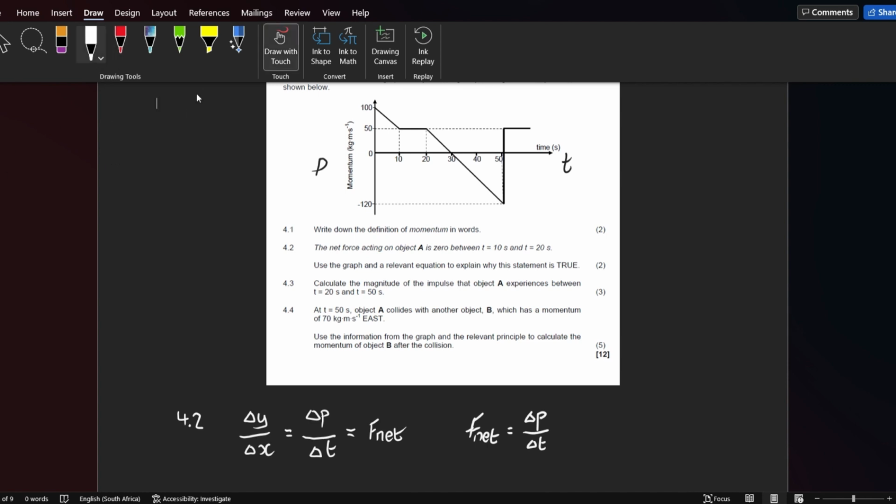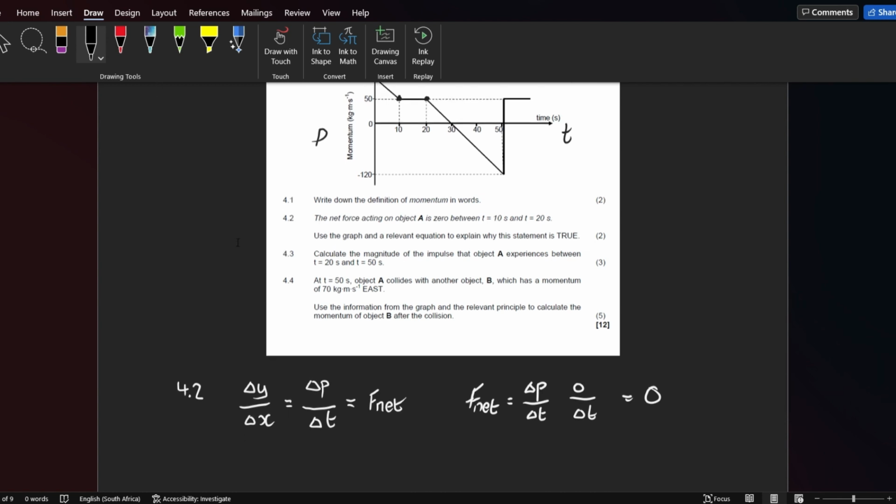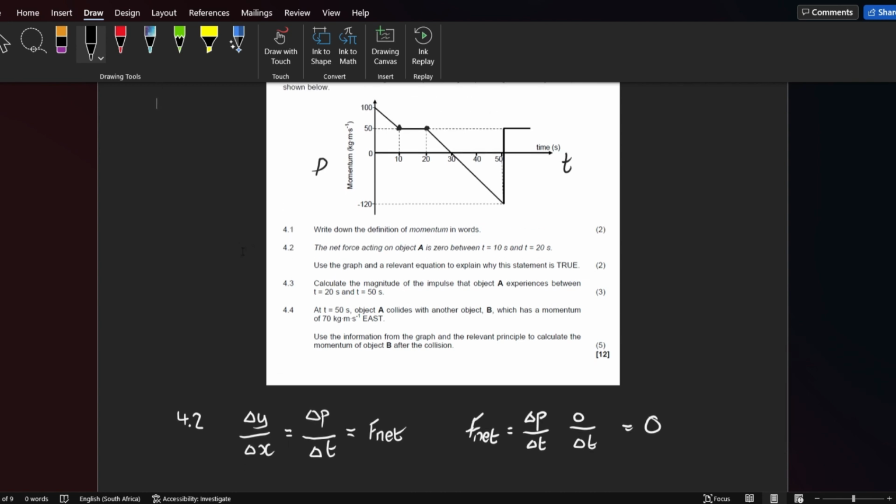From this graph, we see that the object's momentum there is 50, and the object's momentum at 20 seconds is also 50. Therefore, the change in momentum is 0. So the change of momentum is 0 over the change in time, which means our net force will be 0, and therefore the statement is true. So those are the 2 methods we use to prove that the statement is true.